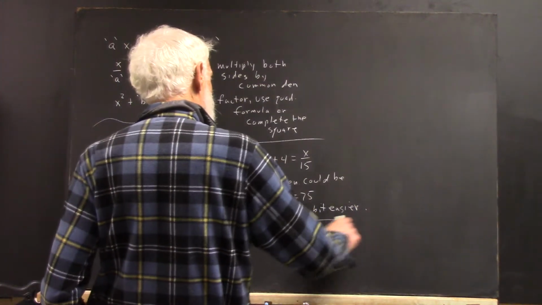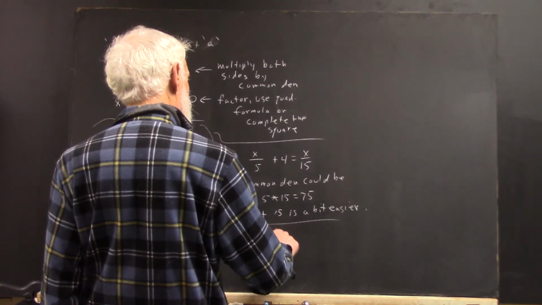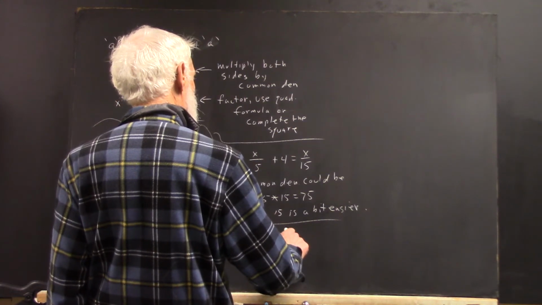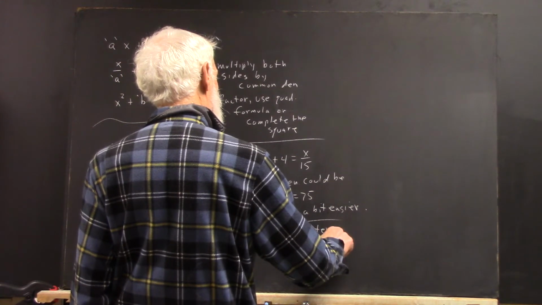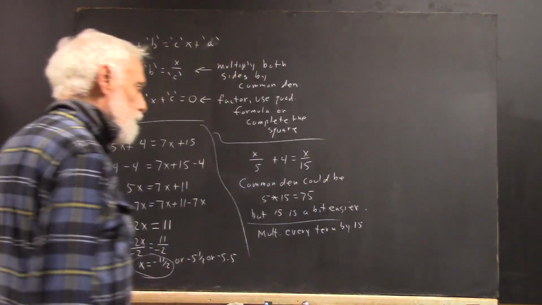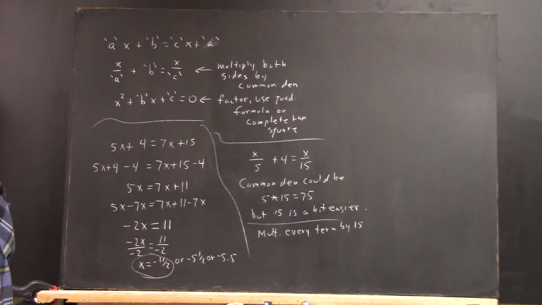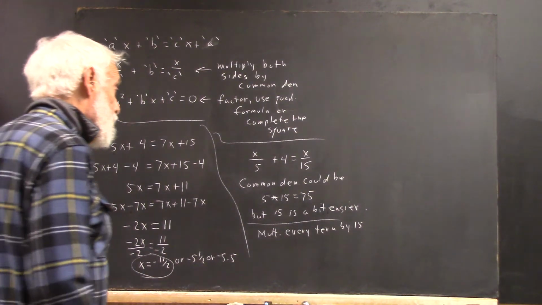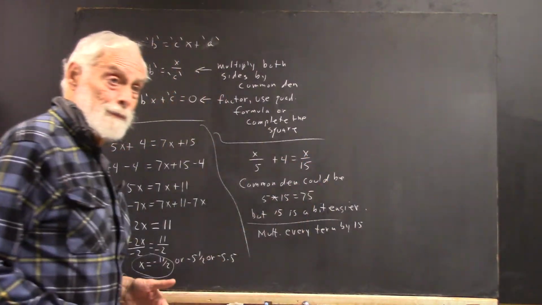Okay, so we multiply every term by 15. Okay? Because you're multiplying both sides by the same number.